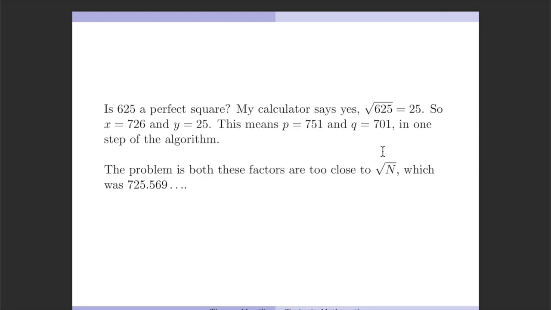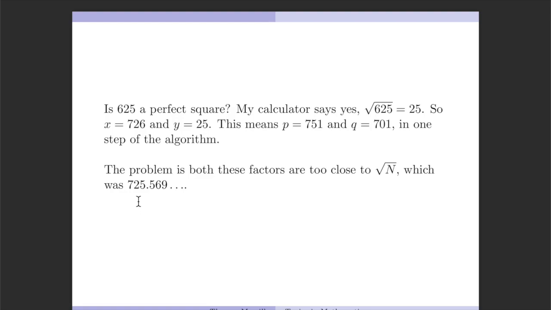So why did this work? My n that I picked, 526,000 and change, had a square root of 725.569 and the rest. My prime factors were 751 and 701. So you can already see that lemma is kicking in.